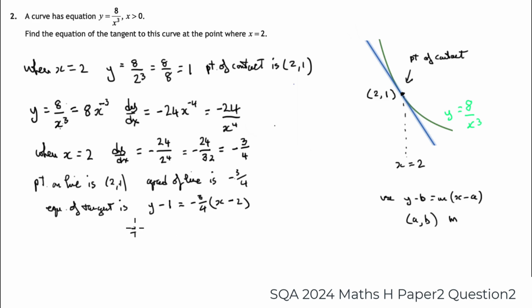Multiplying both sides by 4, we'll get a negative 3 outside this bracket, negative 3 times x, and then negative 3 times the negative 2 is positive 6. I suppose we could add 3x to both sides and add 4 to both sides. So we get 4y plus 3x equals 10.